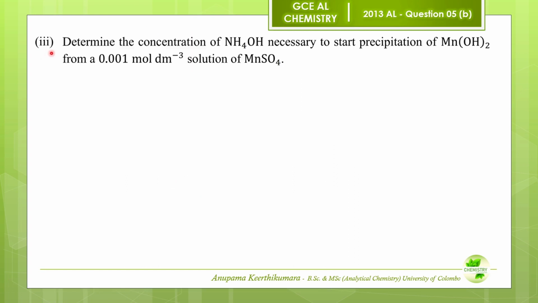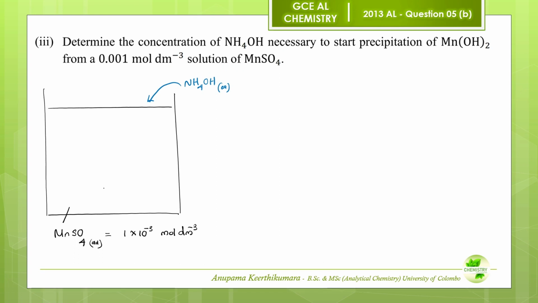Question number 3. Determine the concentration of ammonium hydroxide necessary to start precipitation of manganese hydroxide from a 0.001 moles per cubic decimeter solution of manganese sulfate. Here we have 0.001, or we can write 1 times 10 to the power negative 3 moles per cubic decimeter manganese sulfate solution.